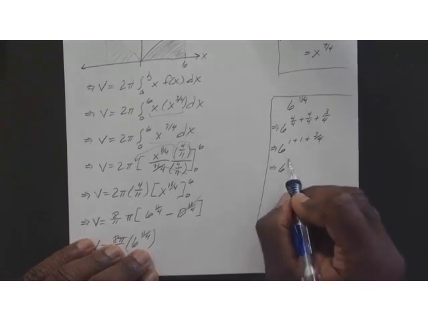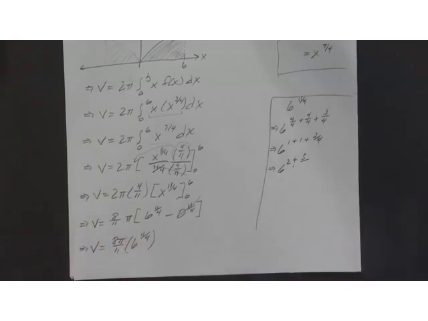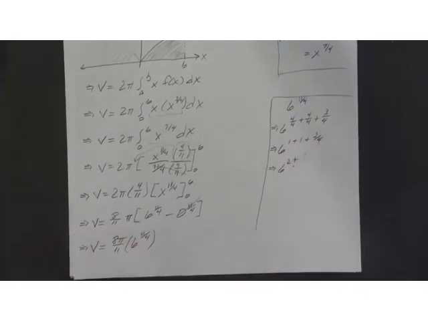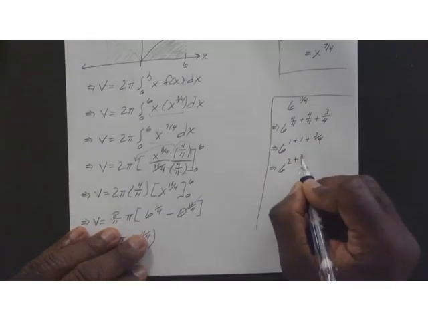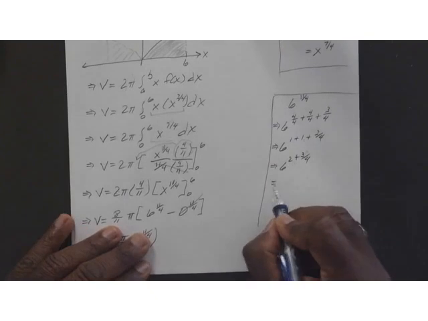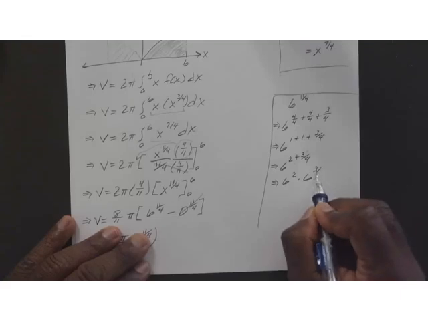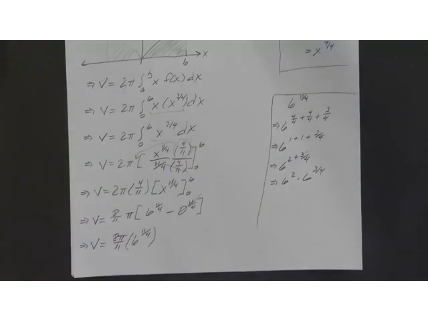So we add those two together, you have 6 squared plus 3/4. It gives us 6 squared times 6 to the 3/4 power. And again, you could have got the same answer if you just divided 11 by 4. So this is kind of my long way around. That would have still given you 2 3/4.